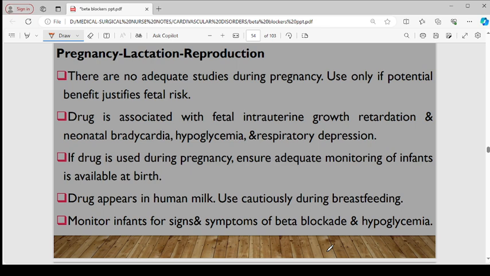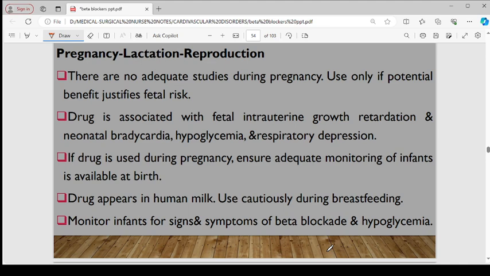This drug is associated with intrauterine fetal growth retardation, neonatal bradycardia, hypoglycemia, and respiratory depression. If this drug is used during pregnancy, ensure adequate monitoring of the infants is available at birth. This drug has been found to appear in human milk, so it has to be used cautiously during breastfeeding.